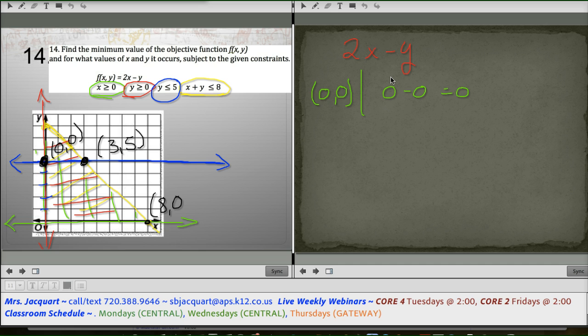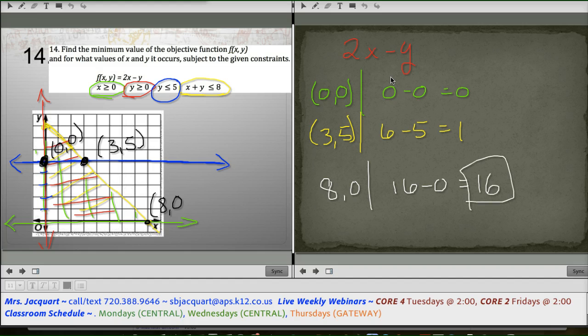What if I plug in a 3, 5? Then I get 6 minus 5 equals 1. And then if I plug in an 8, 0, then I get 16 minus 0 equals 16. So guess what? 16 is my answer. 8, 0 leads me to 16.